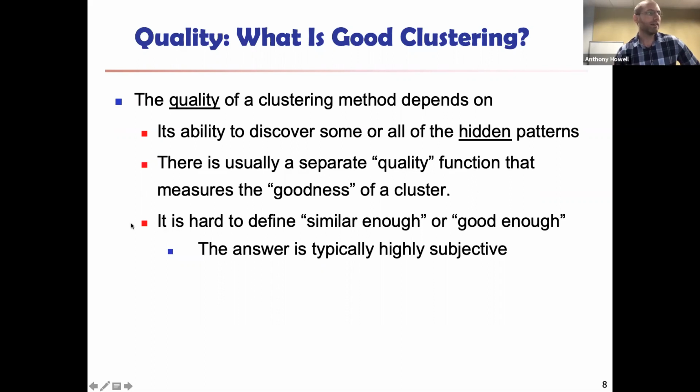With that said, one of the biggest critiques of this kind of clustering analysis approach and other classification schemes, like principal component analysis or other forms of data reduction techniques, is that it's really hard to get an objective measure to show us how good or how similar a cluster is.